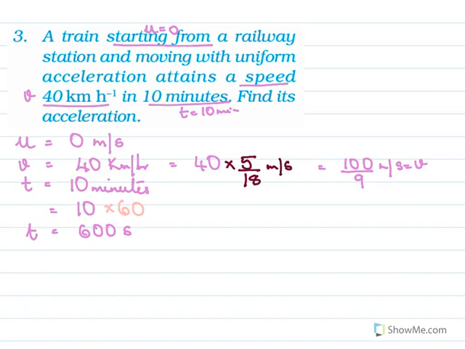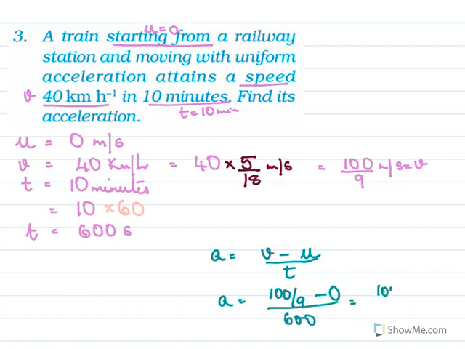Now let's do the acceleration. We know the formula for acceleration is equal to V minus U over T. So V is 100 over 9, minus U which is 0, time is 600. So this will be 100 over 9, and the division is at this point, divide by 600.